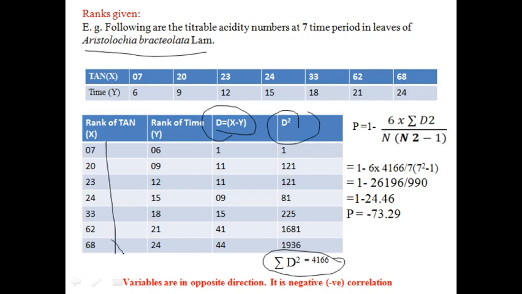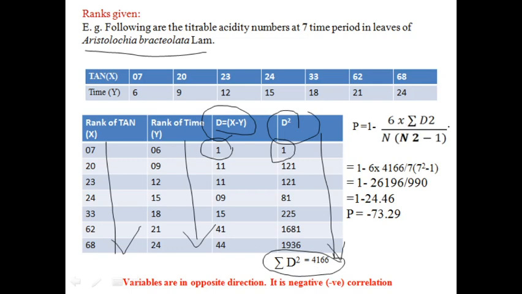Just put the values of your first variable, that is the rank of time. From this you will get x minus y and its square in the last column, and we need to do the summation of this column so that we get the summation of D square.